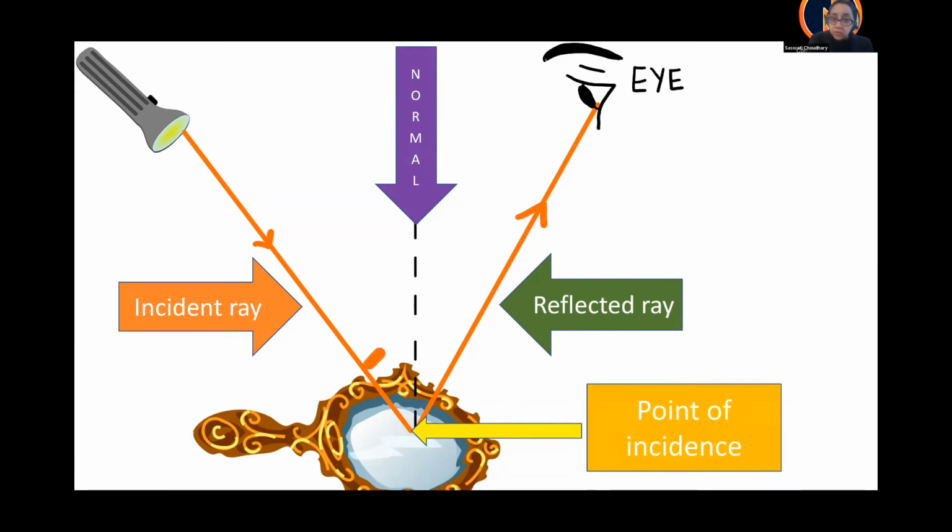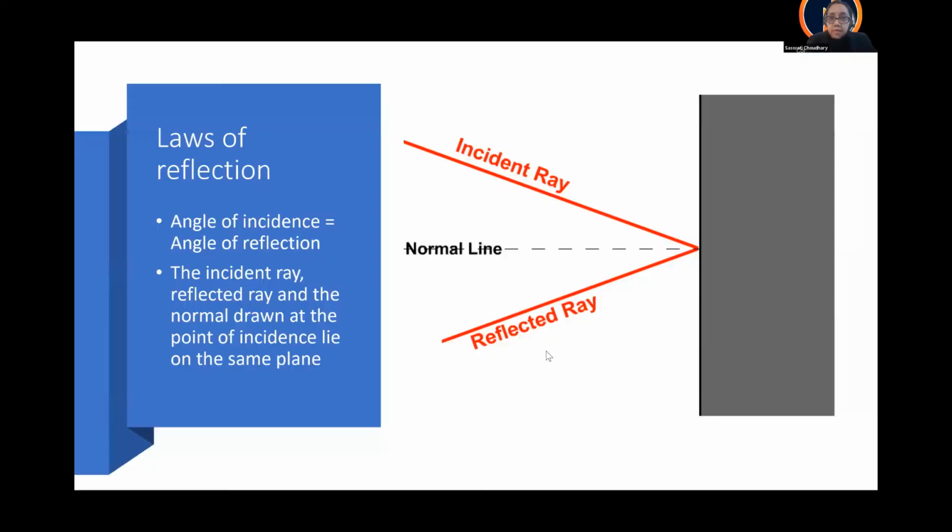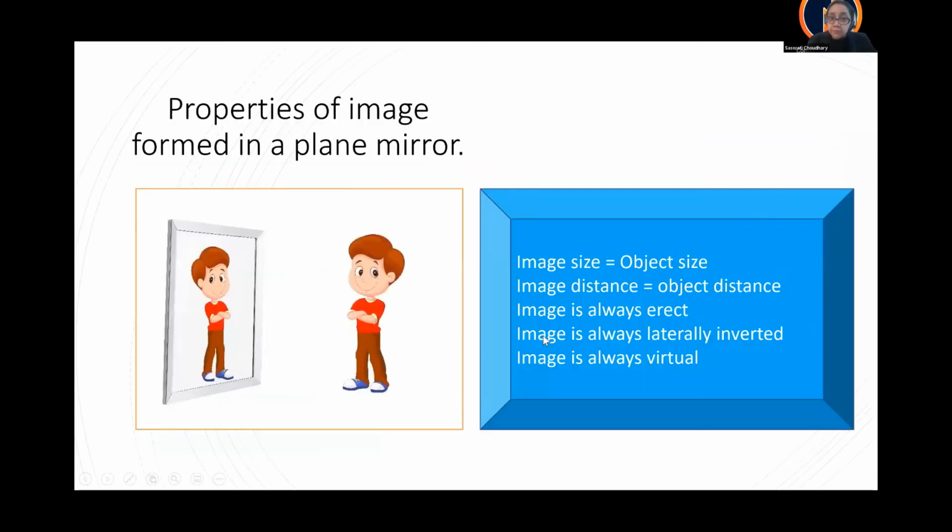Just a short revision. The angle between the incident ray and the normal is called the angle of incidence, right? And similarly, the angle between the normal and the reflected ray is the angle of reflection. The laws of reflection are that the angle of incidence is equal to the angle of reflection, right? And the incident ray, normal, and reflected ray lie on the same plane. So this is a quick revision of the laws of reflection.